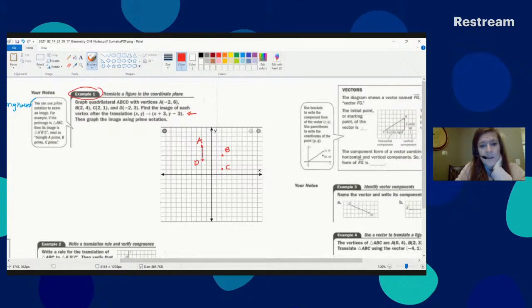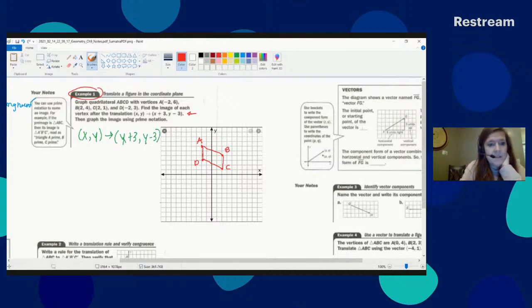Okay, so this is our pre-image, our original image. And then we want to find the image of each vertex A, B, C, and D, and we want to use this translation: the coordinates (x, y) translate to (x plus 3, y minus 3).